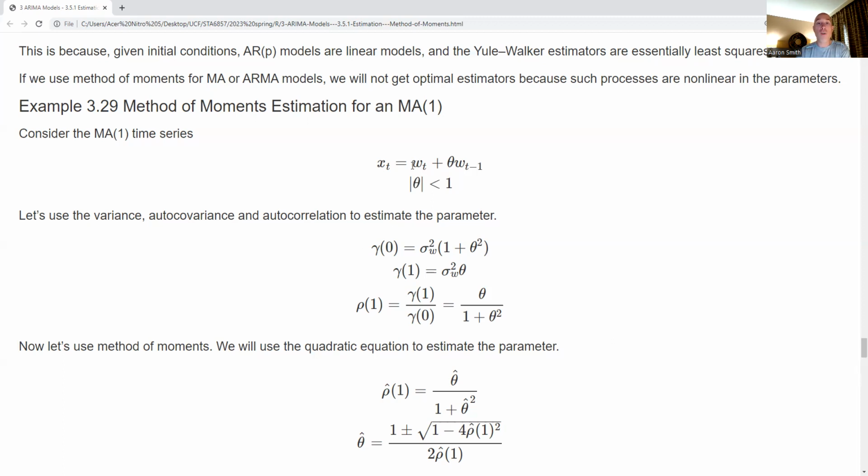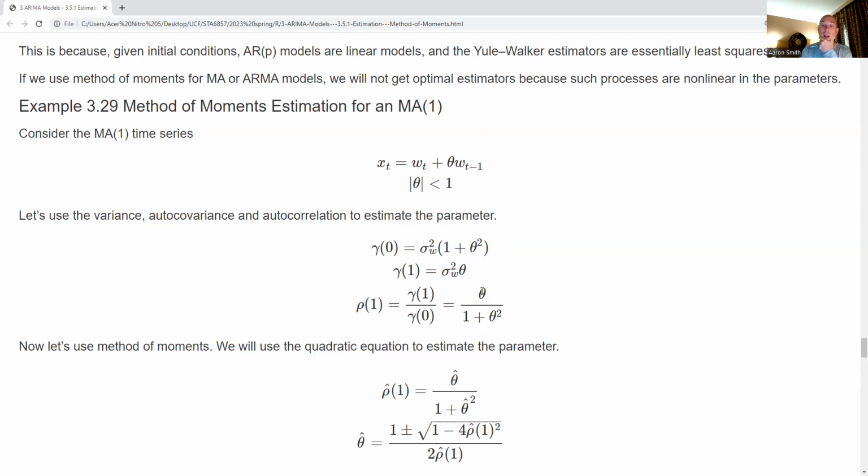From this structure, if I know that x of t is an MA1 model, I immediately know from the pencil and paper calculations that this is going to be the variance of x. This is going to be the autocovariance of 1. And here, this is the autocorrelation of 1.